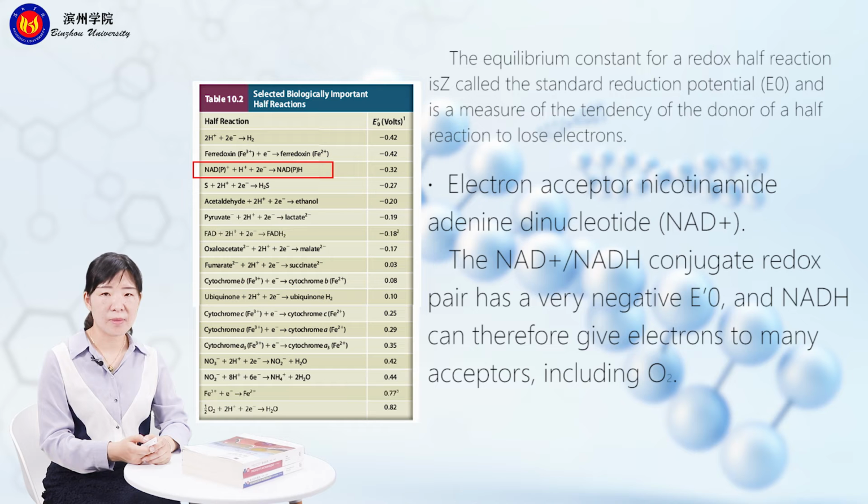NAD and NADH. The NAD-NADH conjugate redox pair have a very negative reduction potential, and NADH can therefore give electrons to many acceptors, including oxygen.